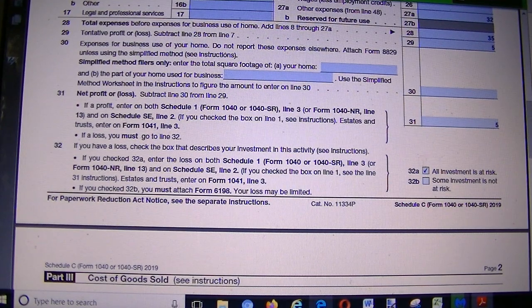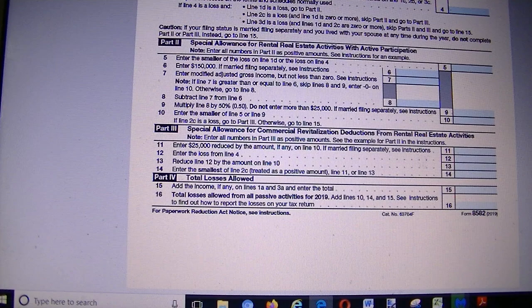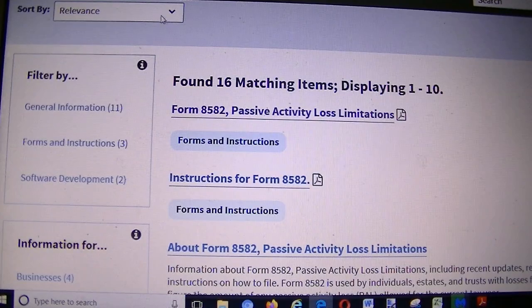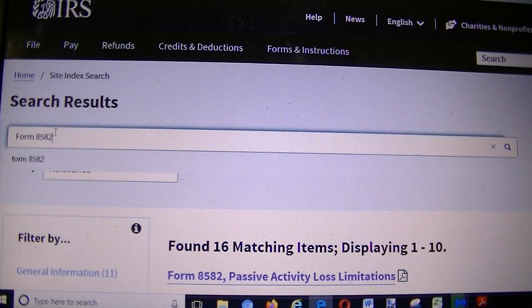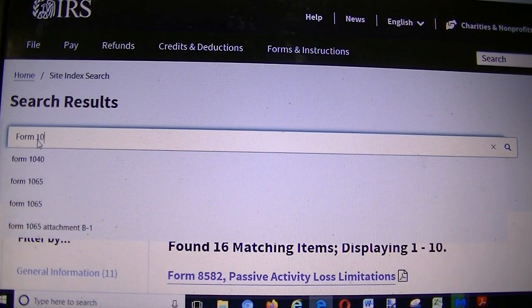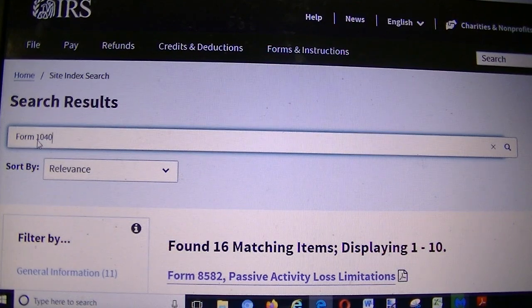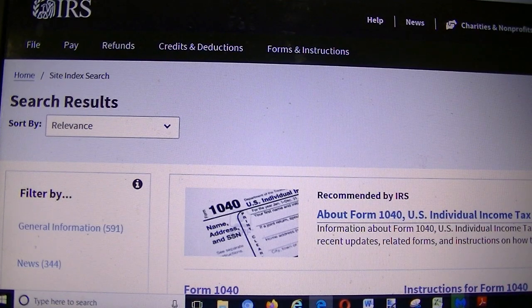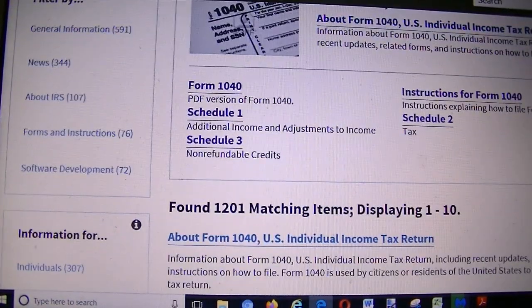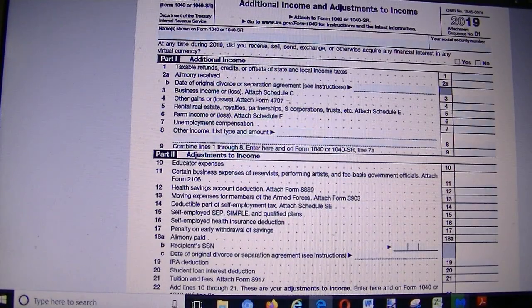And if we go back here, probably Form 1040, we will be able to pull the Schedule 1 and line 3 here of Schedule 1 for 1040.